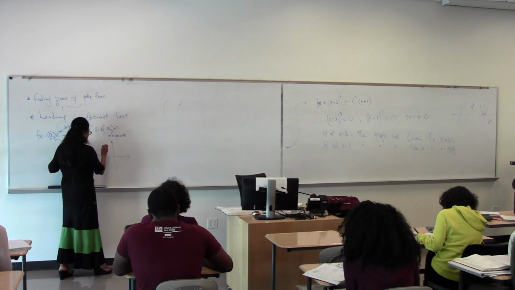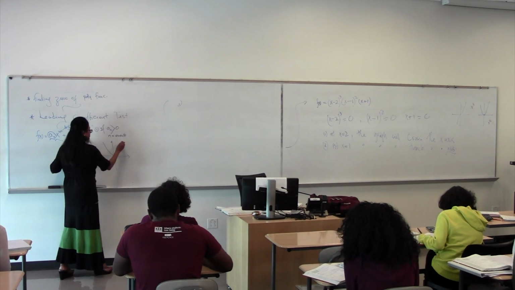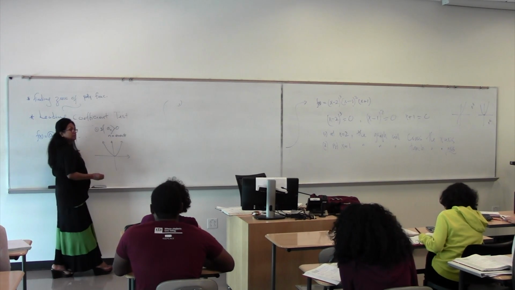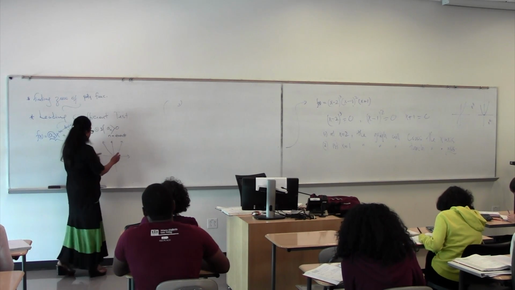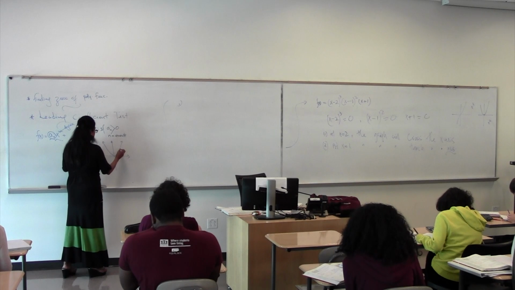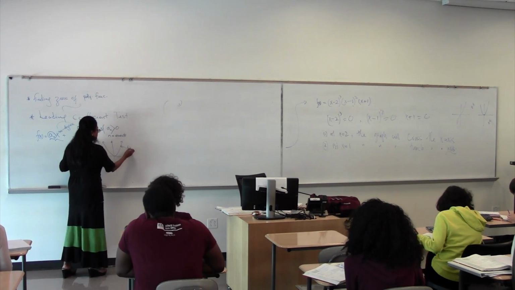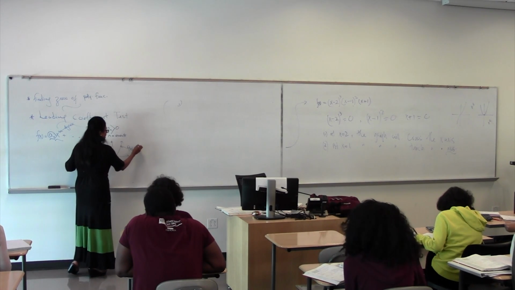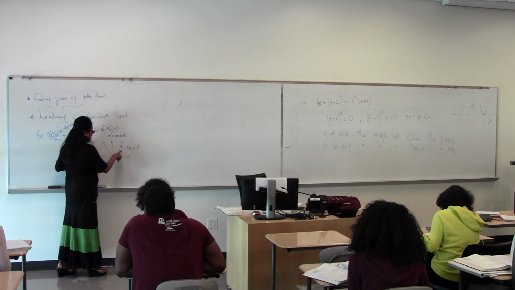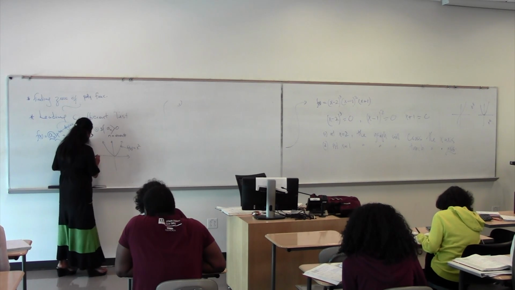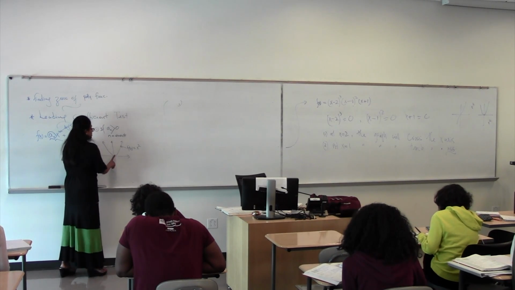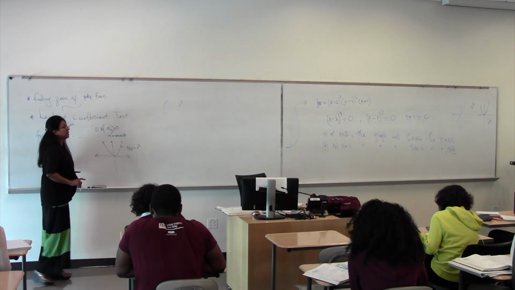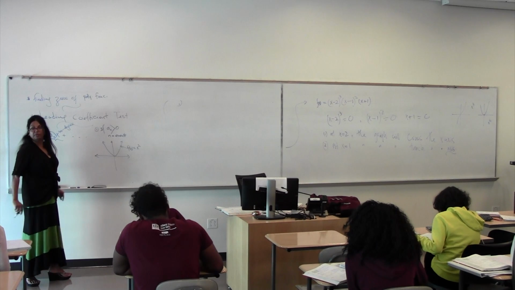You guys remember, if we graph x squared, it's going to be like this, right? So what's happening to f of x? This is f of x equal to x squared. For the larger x values, when x values are going to infinity, where are the y values going? Up.